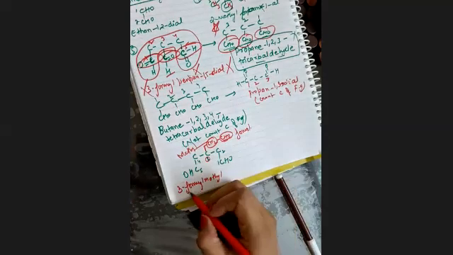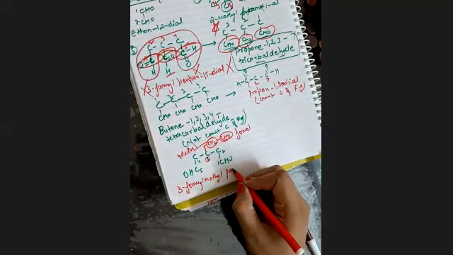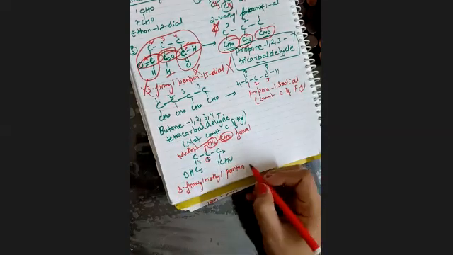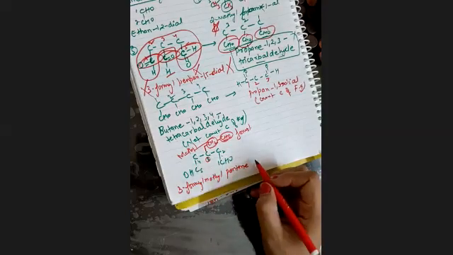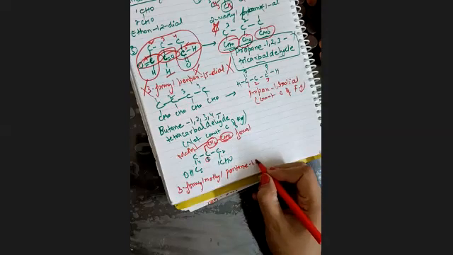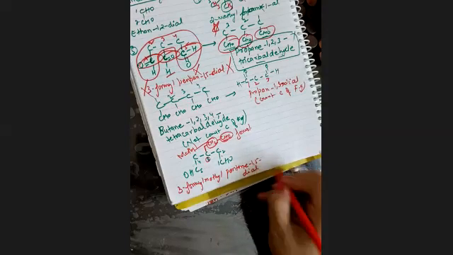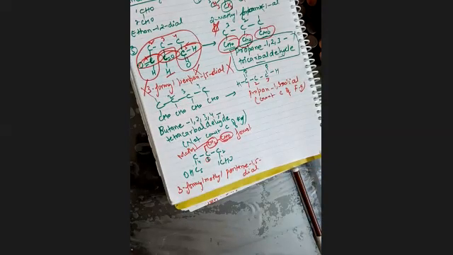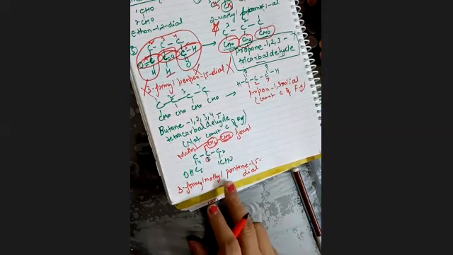So this will be 3-formylmethyl pentane 1 and 5 diol. Clear? This is a formyl type of example.